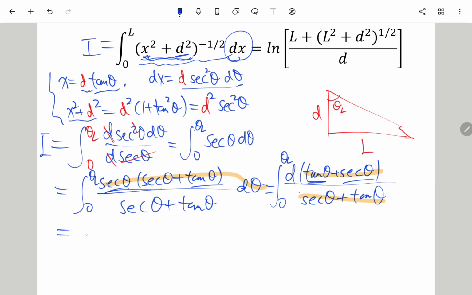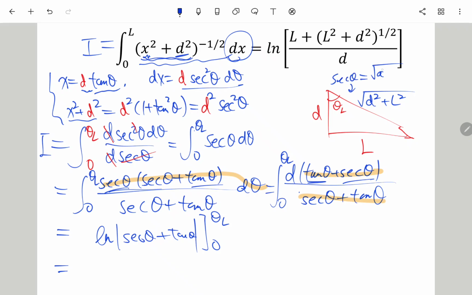So it turns out to be the natural log of secant theta plus tangent theta, evaluated from 0 to theta L. So natural log of secant theta L. According to this right angle triangle, the hypotenuse is the square root of d squared plus L squared, so secant theta is the square root of d squared plus L squared over d, and tangent theta L is L over d.